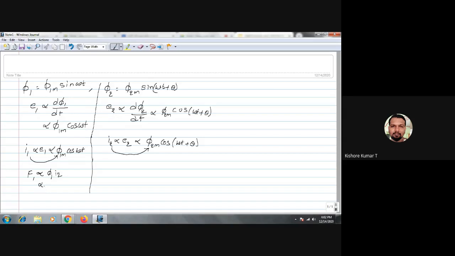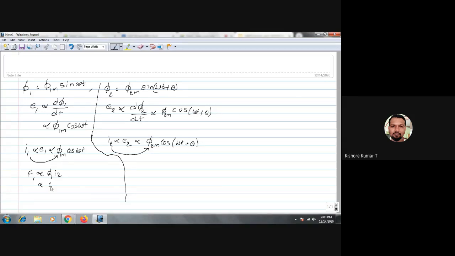Which is proportional to, what is phi 1? Phi 1m sin omega t. What is I2? Phi 2m cos omega t plus theta. Okay, see here, I am substituting phi 1 here.